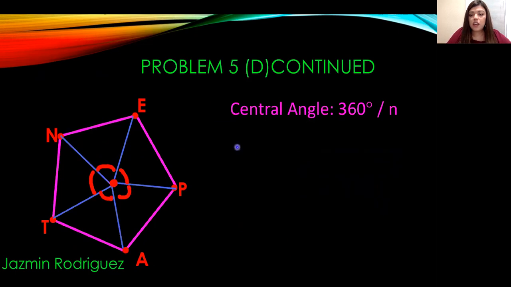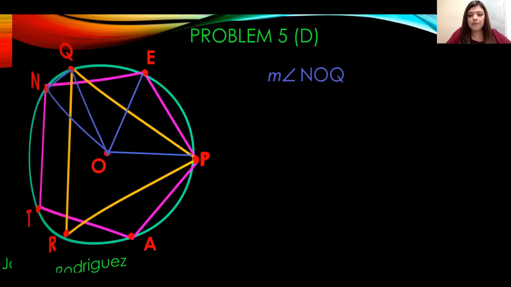Once we know the number of sides, that equals the number of central angles as well. And right here we see that we have 5. So once again, we'll take our central angle formula, 360 degrees, and divide it by 5. And we get that each angle is going to be 72 degrees.